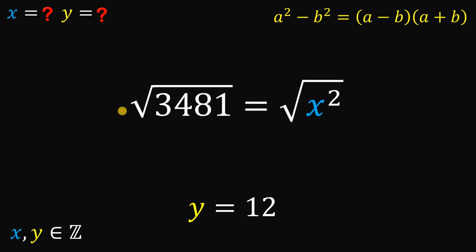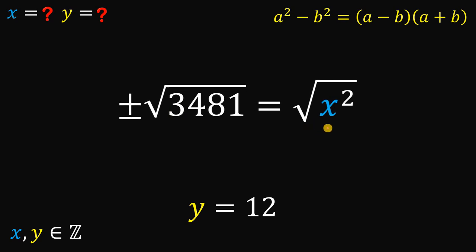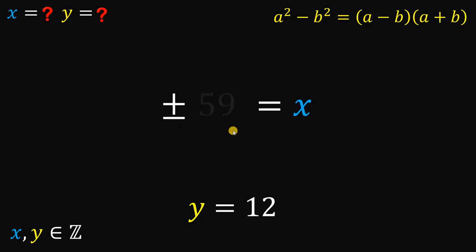We want to solve for the value of x, so let's get the square root on both sides. Now, we have two possible values here: positive or negative square root of 3481. The right-hand side is just x. But the question is, is the square root of 3481 an integer? Yes, the square root of 3481 is just 59. Therefore, when x equals positive 59, y equals 12.